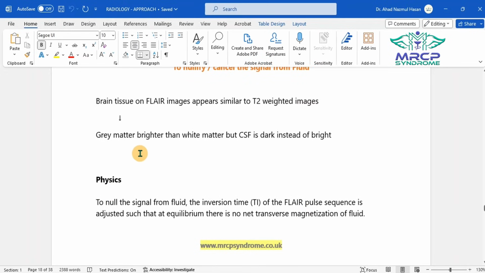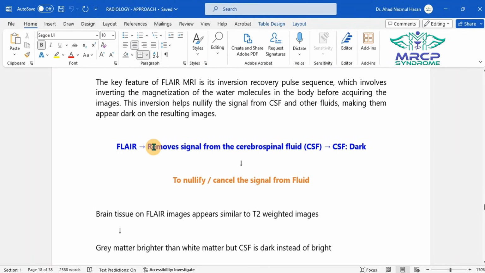And the physics behind Flair images: to null the signal from the fluid, the inversion time TI of the Flair pulse sequence is adjusted such that at equilibrium there is no net transverse magnetization of the fluid. So just remember this line: in Flair, the signal is removed from the fluid, so fluid will appear dark in the Flair sequence.